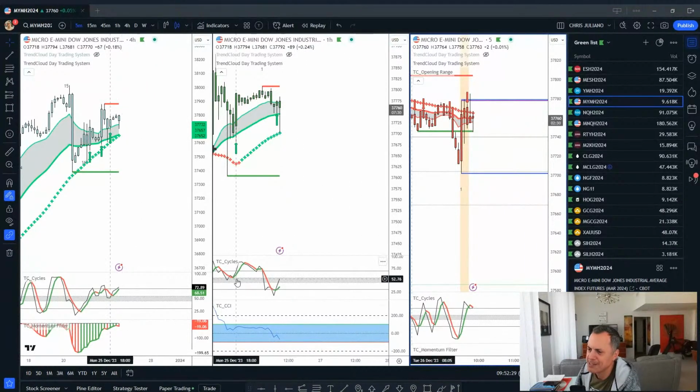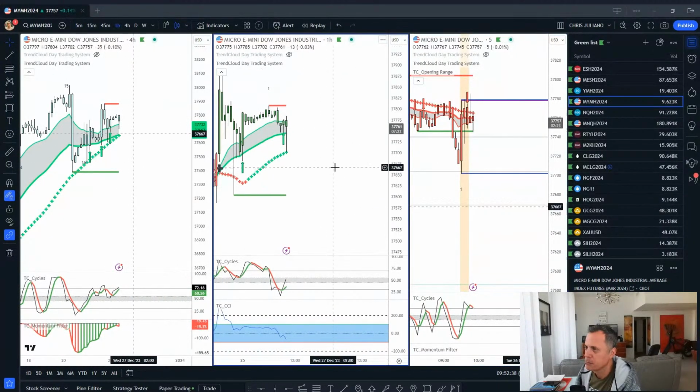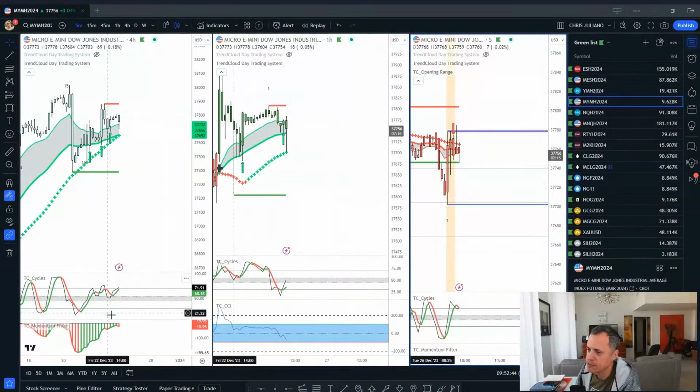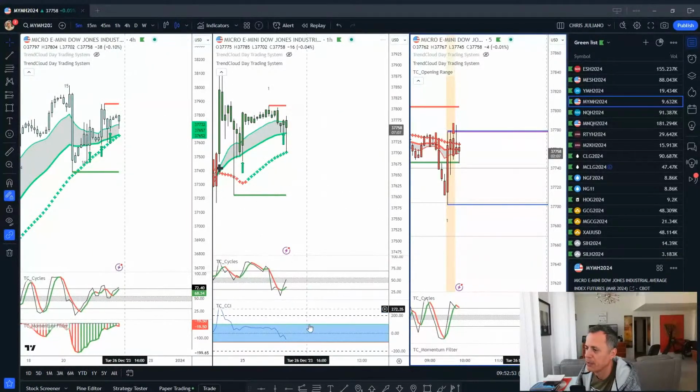So you see how you can anticipate stuff just by looking at your indicators, the TrendCloud system. You can anticipate what's going on if you just look at the TrendCloud system. Cycling, momentum is down on the high time frame, extended trend, getting very close to crossing that negative 100 line on the middle time frame.